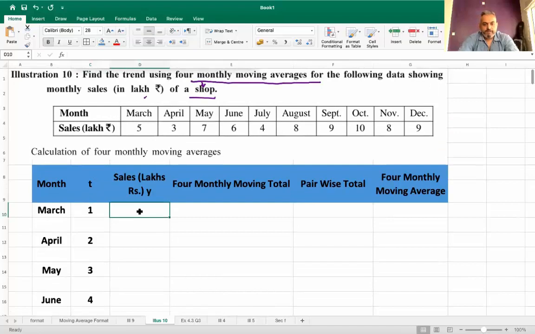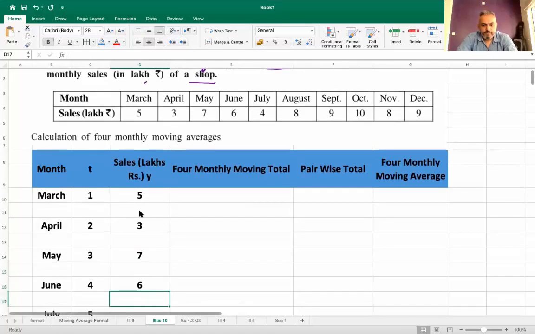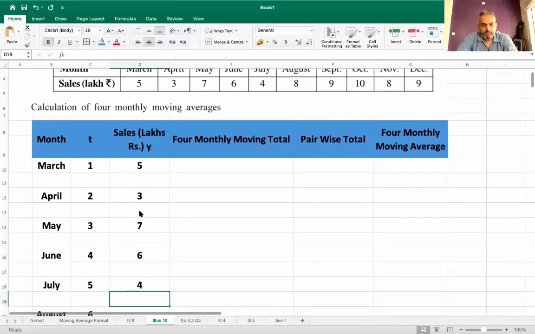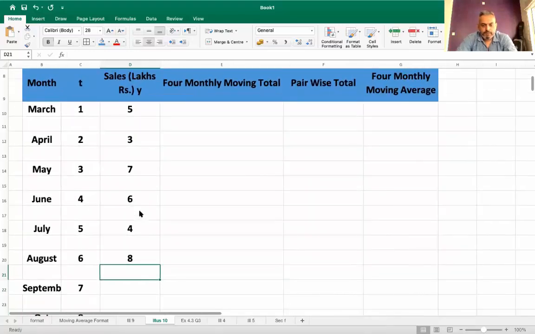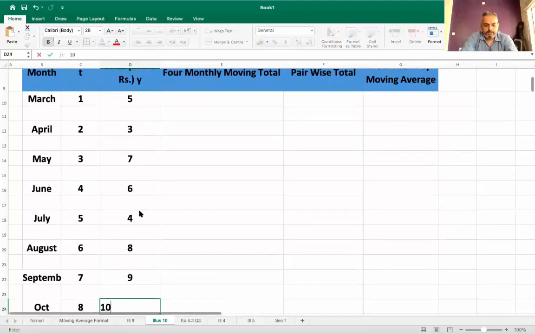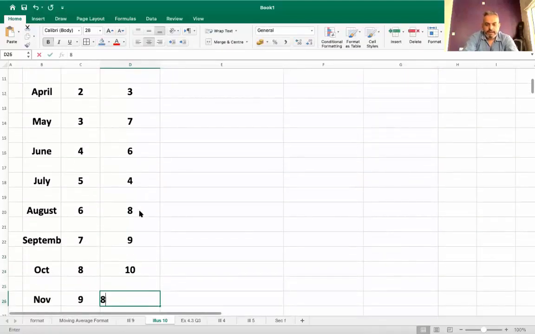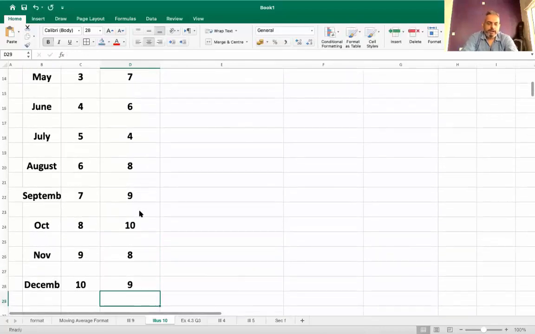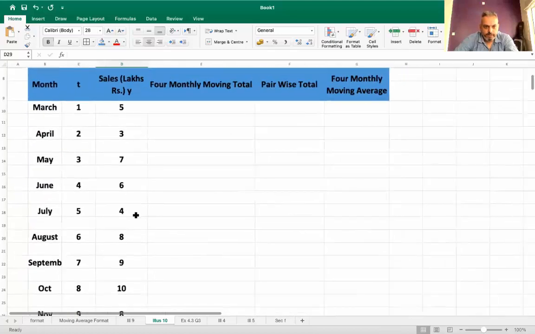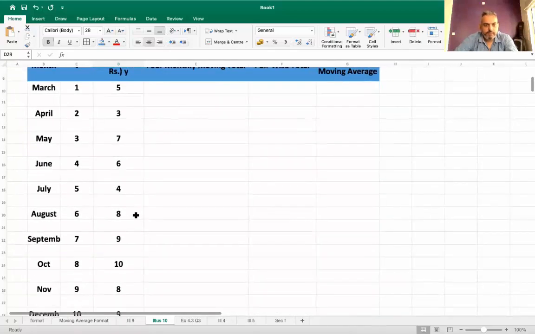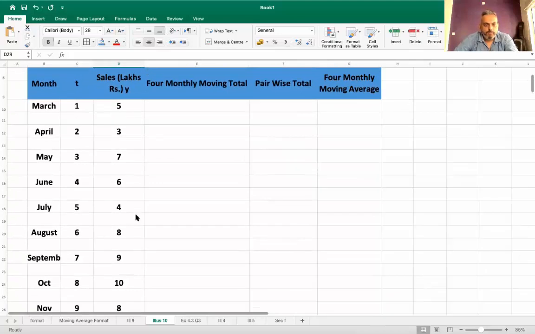Now sales is 5, 3, 7, 6, 4, 8, 9, 10, 8, and 9. Don't need to do the totals, so don't worry. Squeeze it a bit.